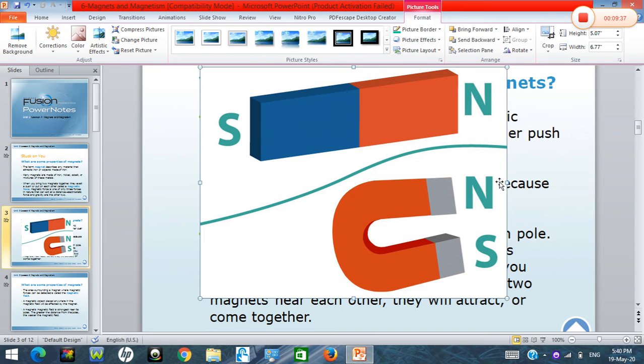Will there be electricity or not? Did you ask yourself before? It is the same in the magnet. So basically, different poles like each other, so they will attract, but similar poles will repel each other. I hope you understand this part well.